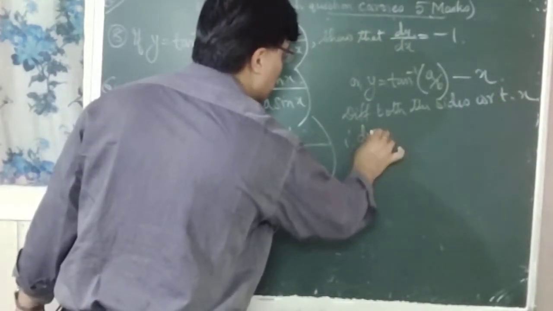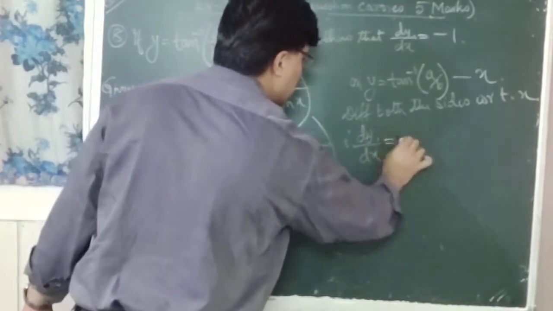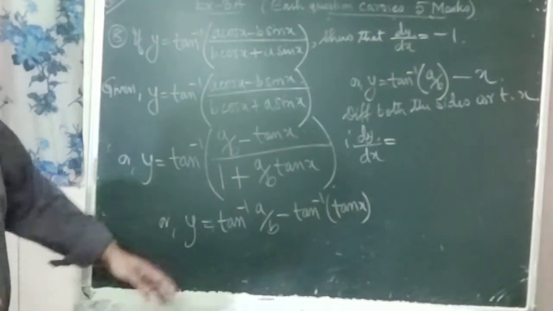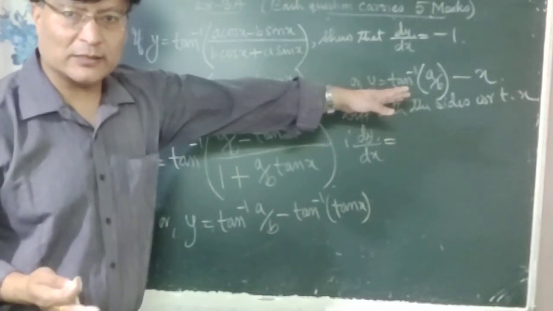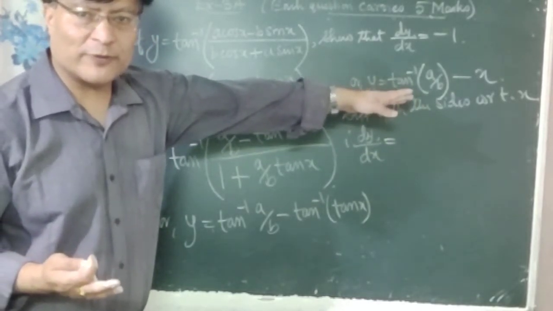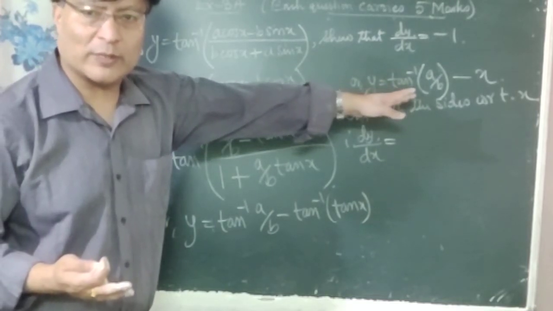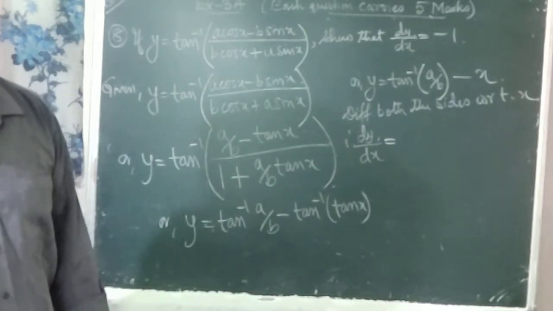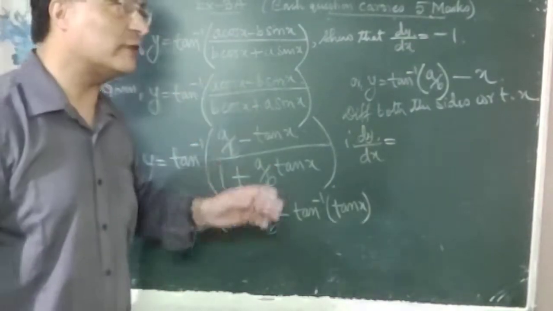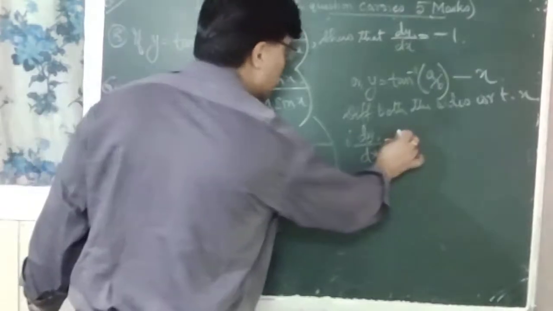So therefore dy by dx is equal to, now what is dy by dx of tan inverse a by b? So it is a constant quantity, isn't it? What is a constant quantity? Which is free from x and y. This is known as constant quantity. The quantities which are free from x and y are known as constant quantities. And what is the differentiation of a constant quantity? That is always 0.